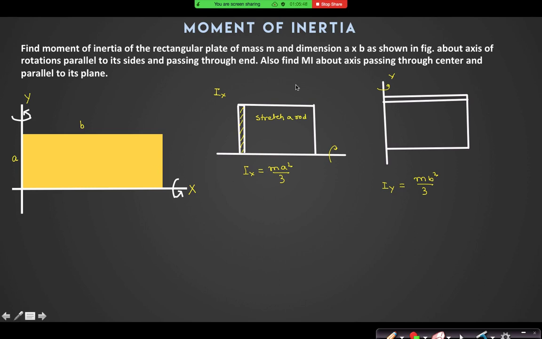And similarly, if they are passing through the center, suppose this is the axis of rotation, then what will be the answer?